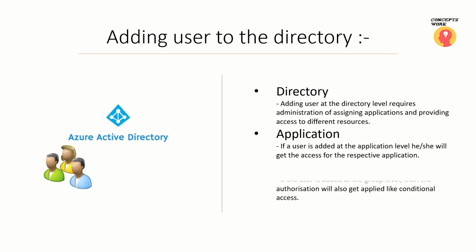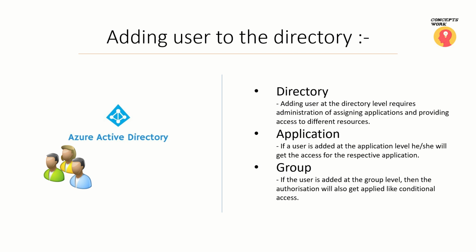The third option that is available is group. Let's say you are using a dynamic group, or you have different services or applications that are bound to a particular group. The moment you invite a guest user directly to a group, let's say there are three applications which are deployed whenever any user is part of that group, all those three applications will be deployed, or the user will get access to those three applications.